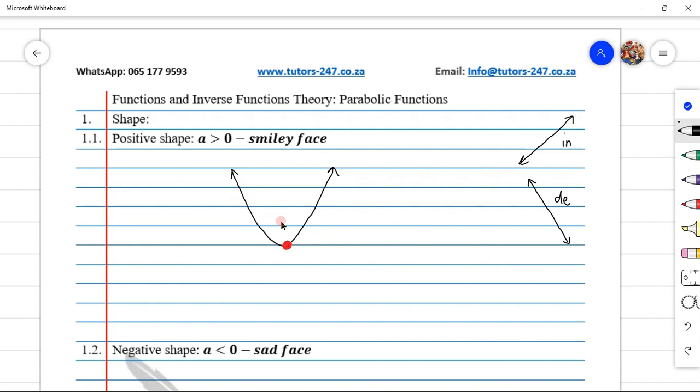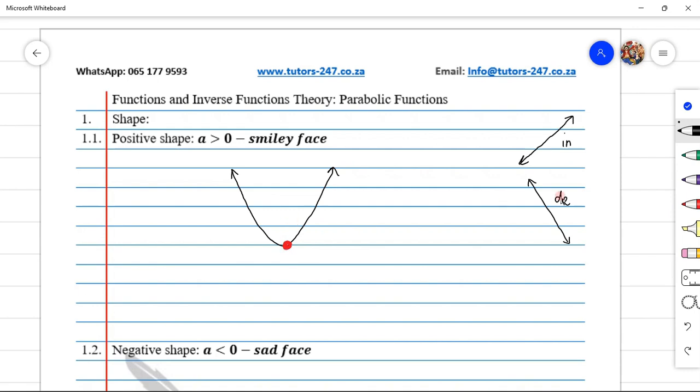Something important to take note of: when a function is increasing, what that means is that as the value of x increases, the value of y also increases. So as your x value increases, your y value also increases.